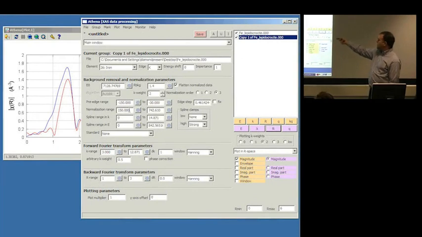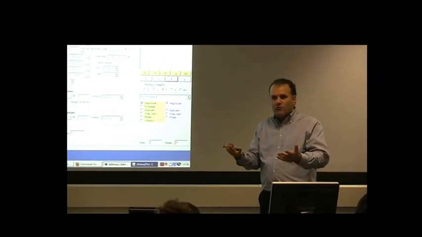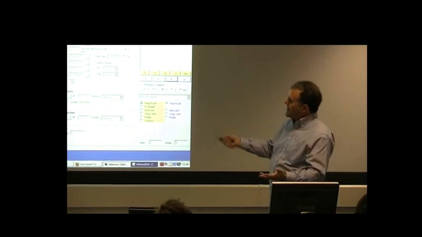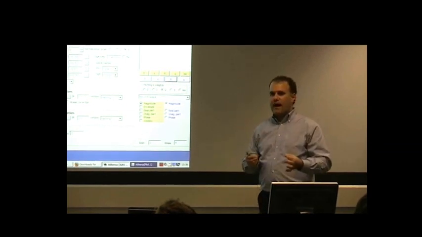And if I go back to 1.0, then I will change the answer again. I'll change it back. But if I change over that range of values where not much was changing in here, then the details of the background removal will not be highly correlated with the details of the data analysis of this peak. And that is the definition of a good background removal, right?